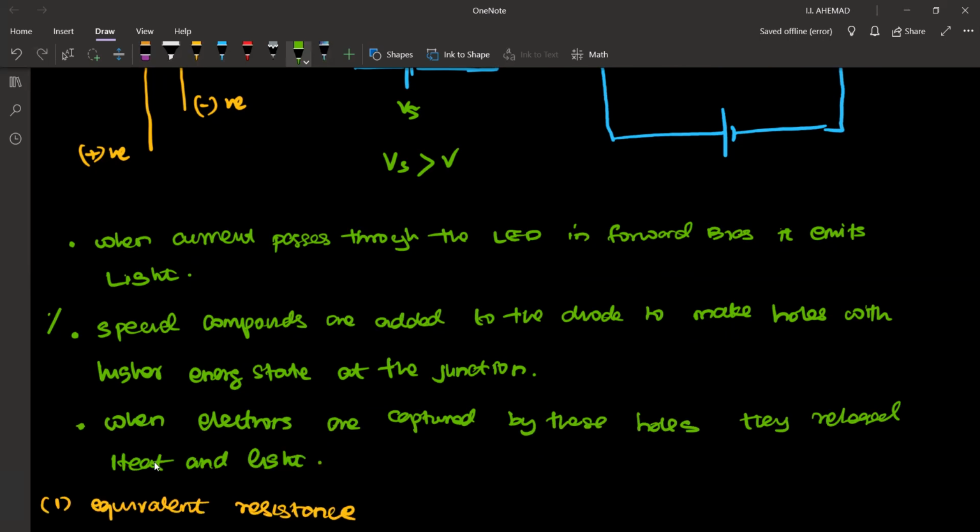So the only difference between a normal diode and a light emitting diode is this. It has special compounds where the holes have a higher energy state. So it will release more energy, where part of the energy is heat and the remaining energy is light. Okay, that's the only difference between a normal diode and a light emitting diode.